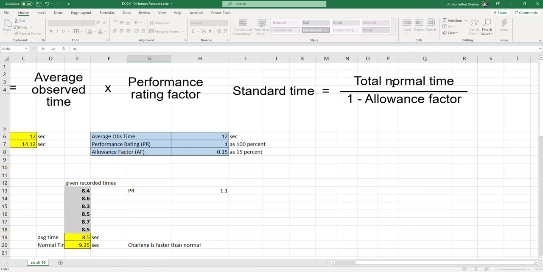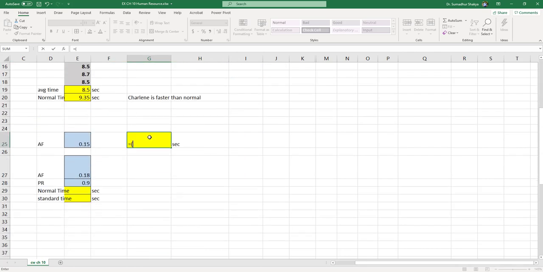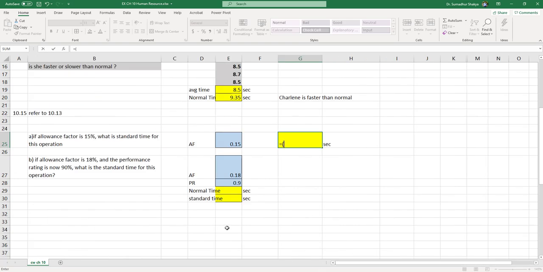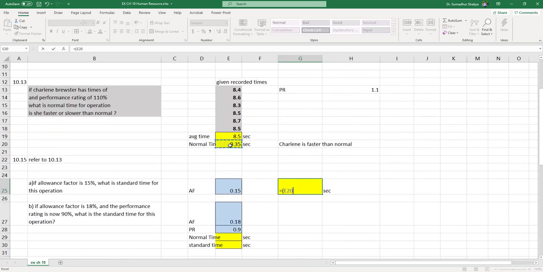So we will do the same thing here, equals to the normal time that we just calculated, divided by, in parentheses, 1 minus the allowance factor.